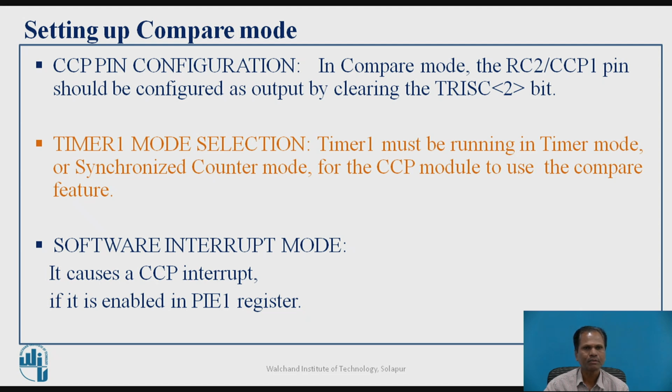If the CCP module in compare mode has software interrupt mode selected, it causes a CCP interrupt if it is enabled in the PIE1 register. So to generate an interrupt from the CCP module, the interrupt should be enabled in the peripheral interrupt enable register 1, PIE1, for CCP1IE.